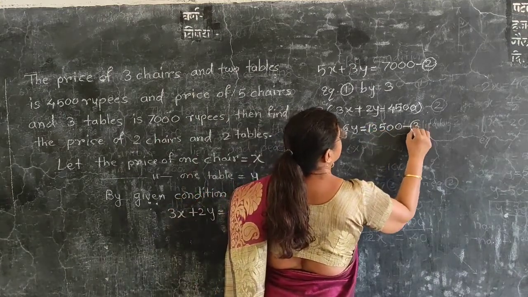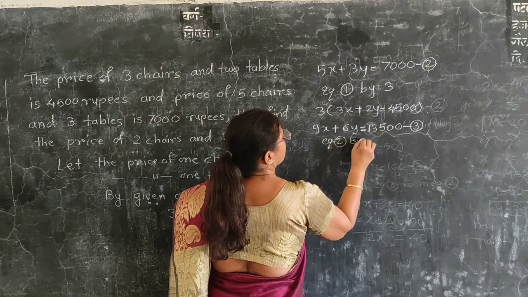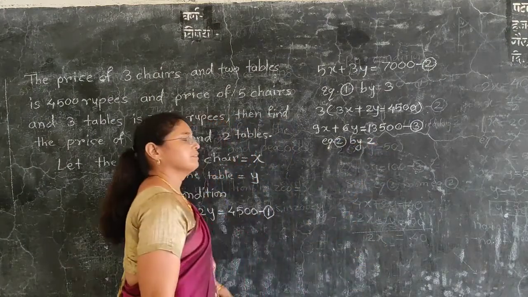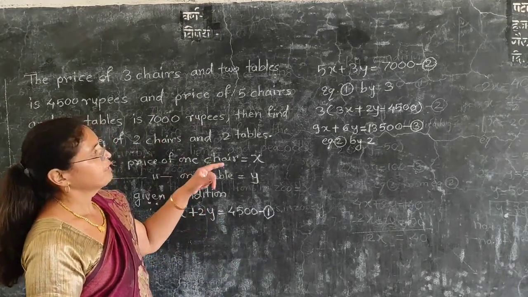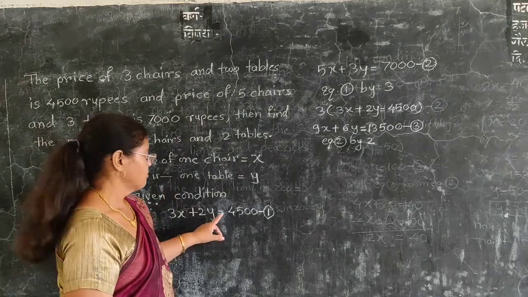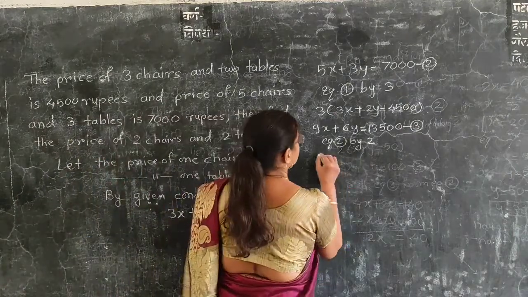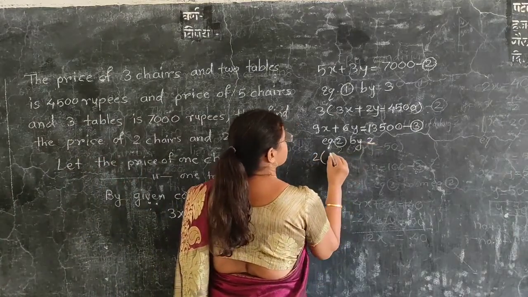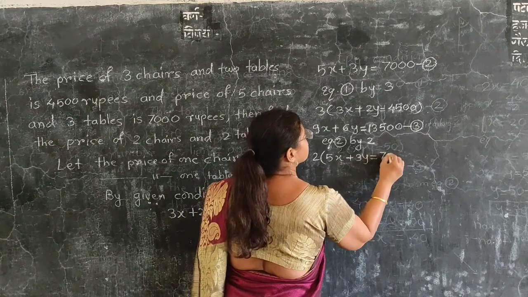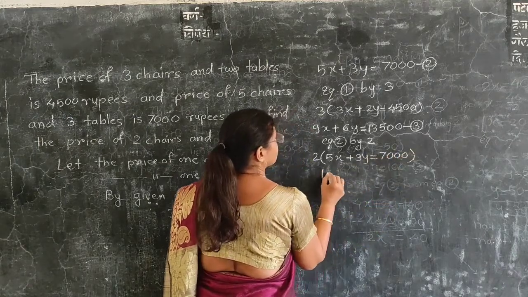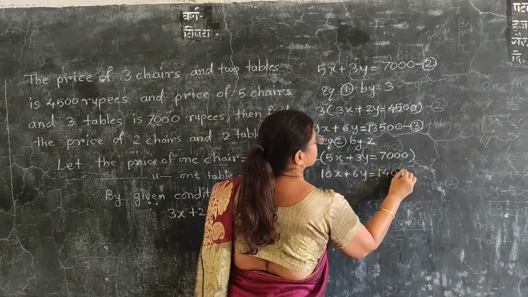This is equation number 3. Then we multiply equation 2 by 2, exchanging the coefficients. 5x plus 3y equals 7,000 becomes 10x plus 6y equals 14,000. This is equation 4.